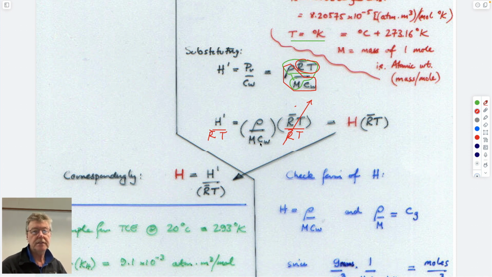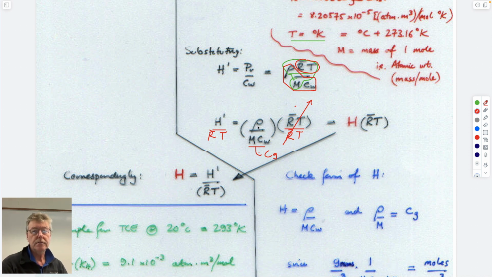So this is the concentration in water. So this is moles per unit volume. This is mass per mole. So the product of these two gives you the concentration of the gas, I guess we've called it.